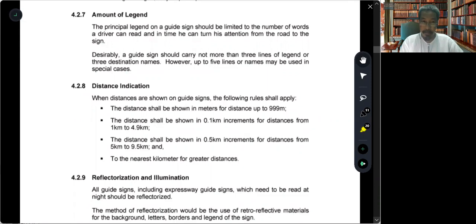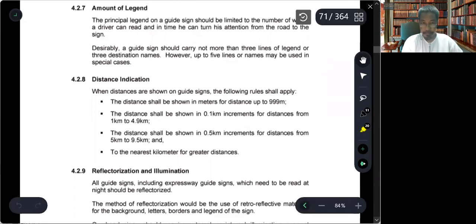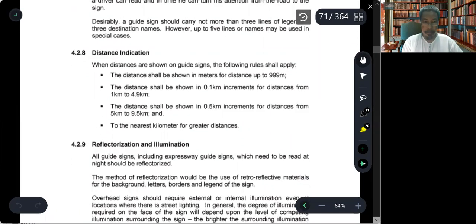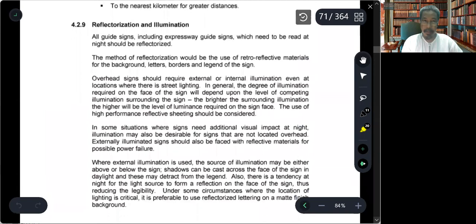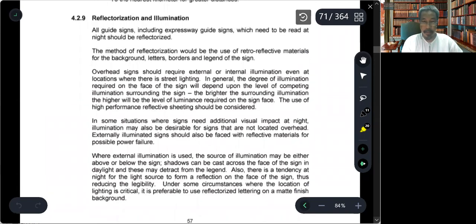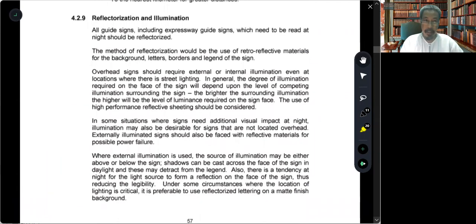While between 5 kilometers to 9.5 kilometers, we are rounding up to 0.5 kilometers. And less than that, we are rounding up to 0.1 kilometers. So those are the rules. Okay. So it must be reflectorized and most probably better to be illuminated.